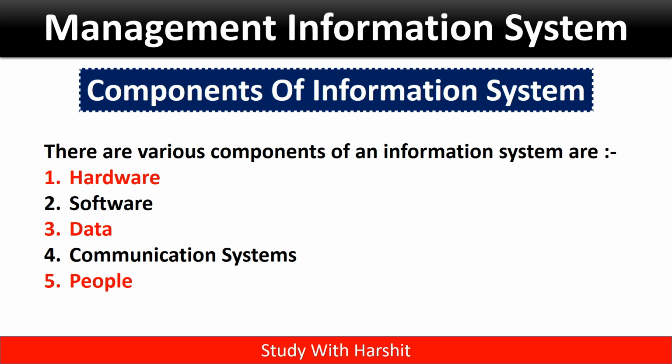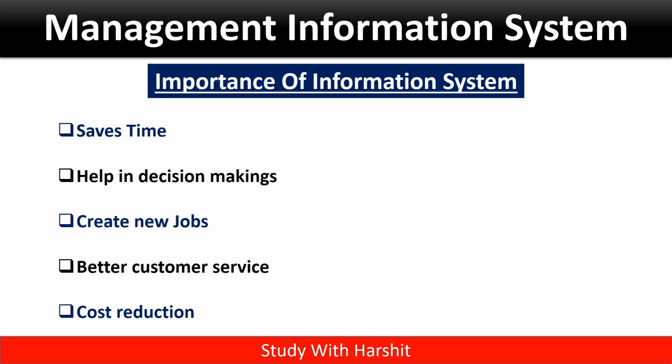There are various components of an information system: hardware, software, data, communication systems, people. Importance of information system. Saves time, help in decision making, create new jobs, better customer service, cost reduction.